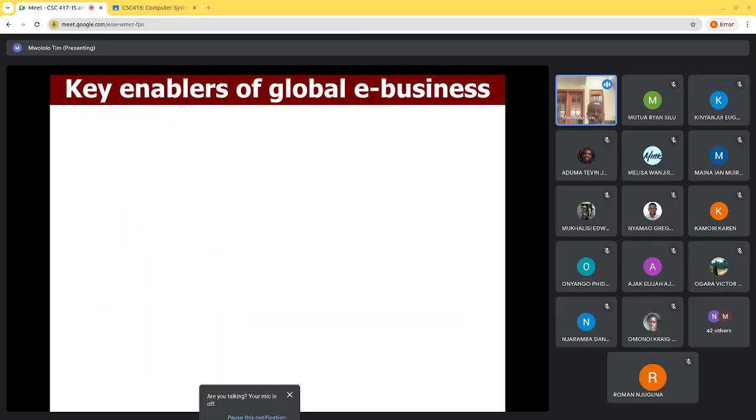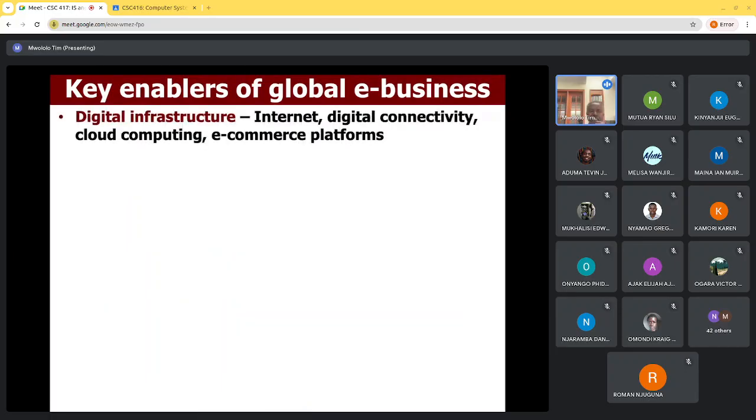What are the key enablers of global e-business? Let me just mention a few. Obviously, digital infrastructure is one, because you need internet, you need digital connectivity. If you are selling products to the end consumer, you need the connectivity to the end, and that is why connectivity is a big issue.